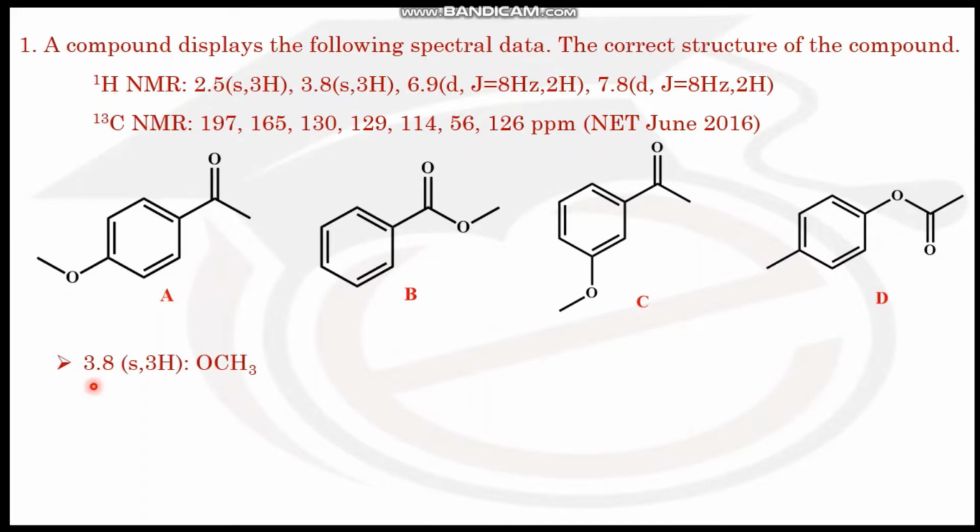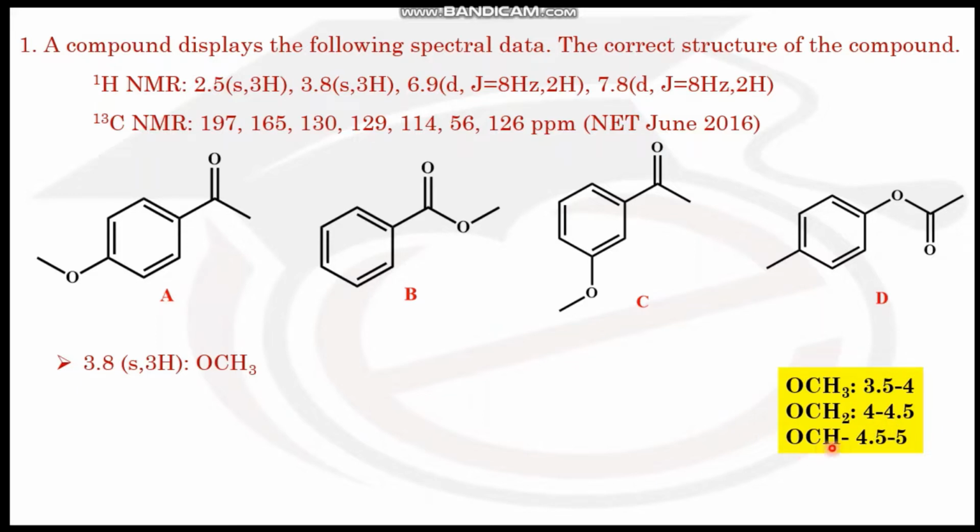So in that case, you will be able to solve the question with this value. If there is a peak at 3.8 and it is a singlet with 3 hydrogen, the group will be OCH3. And here you can see the range. If OCH3 is present, there will be a peak at 3.5 to 4. If there is an OCH2 group, the value will be 4 to 4.5 ppm.